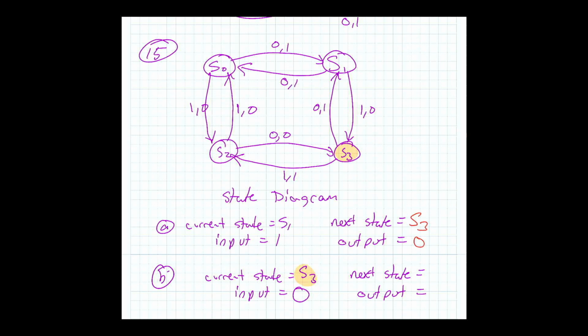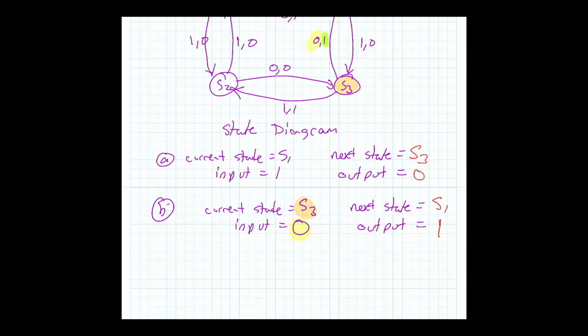So there must be 2 arrows leaving here, one here and one here. We're looking for the one with input 0, which is this one. Then we just need to read off the other numbers. So obviously the output is going to be a 1, and we're going to end up there if we follow that arrow. So what's that tell us? It tells us that we end up in S1, and it tells us that our output is 1. Easy peasy.